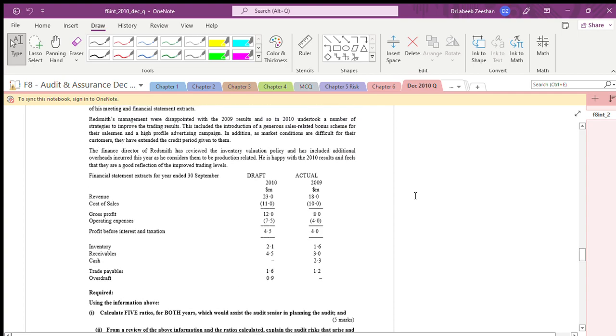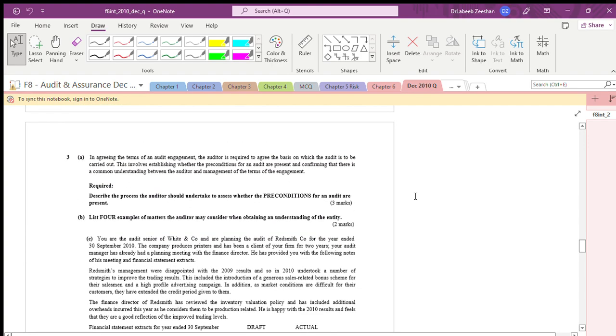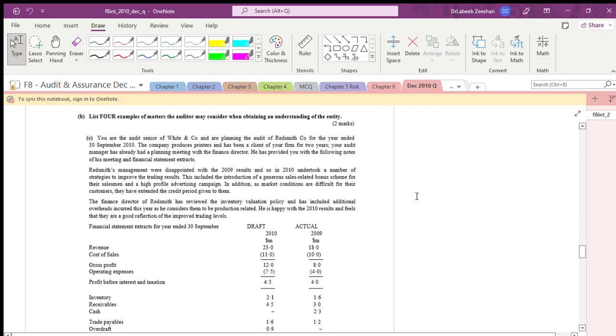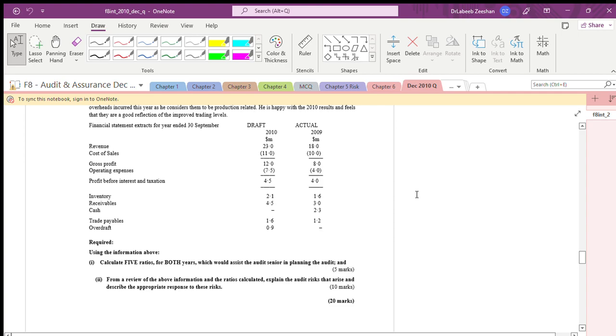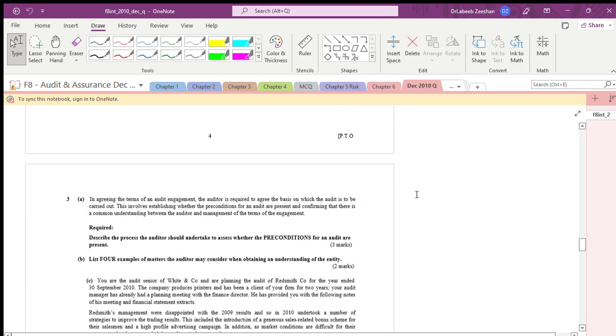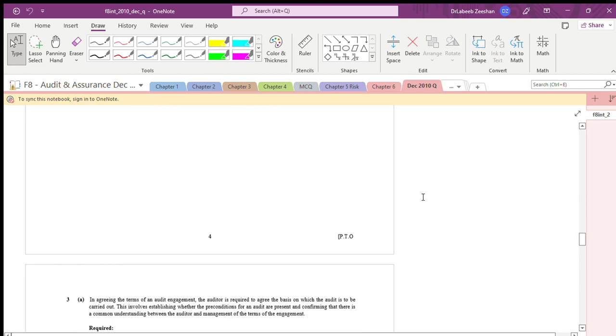Write down in your notes, December 2010, question number 3B. We have done 2013, right? December 2010 is also the same thing, only the concepts are different. That's why it is repeated almost in the same way. December 2010, I've already sent this paper to you, the 2010 question and 2010 answer.